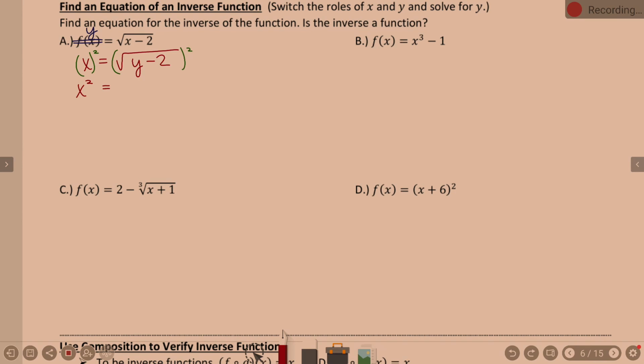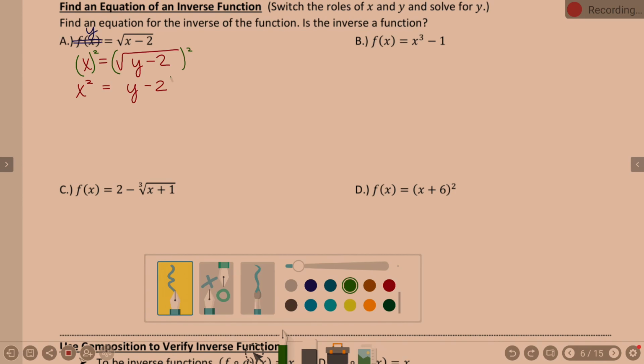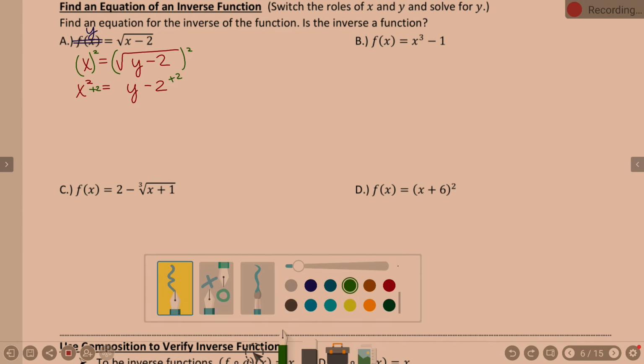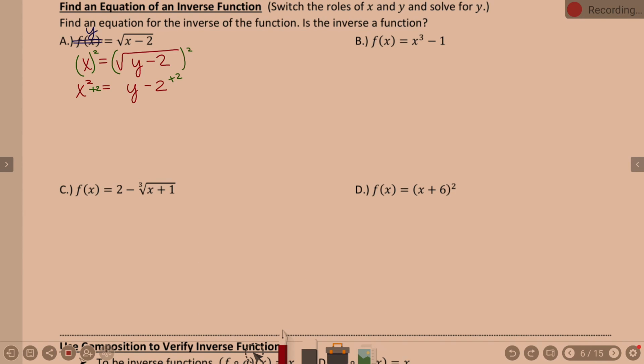Square root of y minus 2 squared. When you square a square root, you get whatever's under it, so y minus 2. How do I get y by itself? Add 2. If I add 2 on one side, we're adding 2 on the other side. And so I'm going to have x squared plus 2 equals y, or what I prefer to write is y equals x squared plus 2.